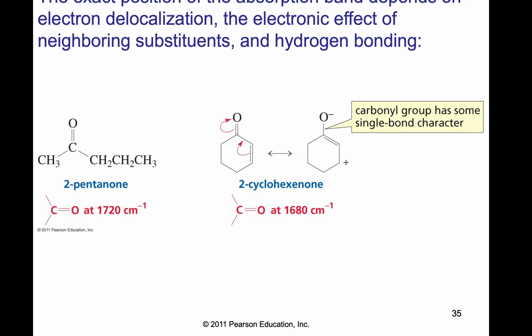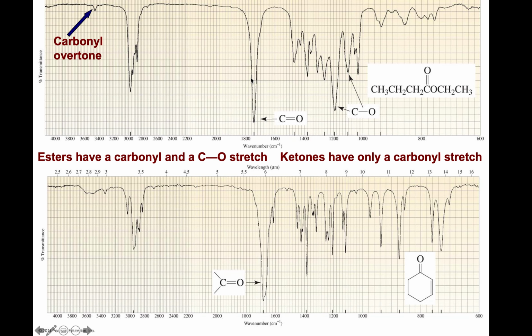In other words, that carbon-oxygen double bond from resonance contributor 1 to 2, there's single bond character because of resonance contributor 2. This is called an overtone, and some carbonyls will exhibit that.